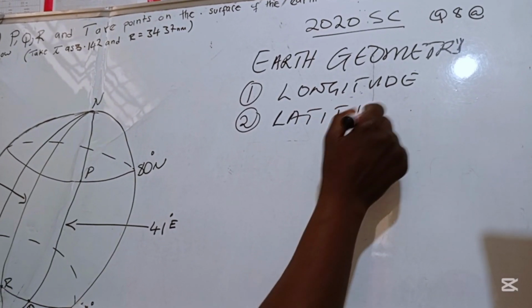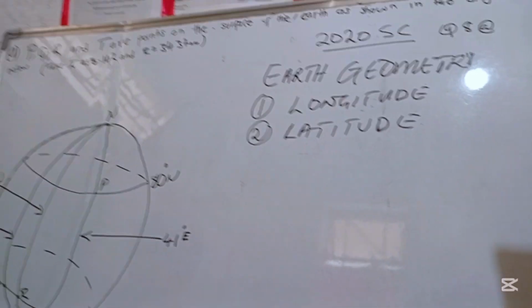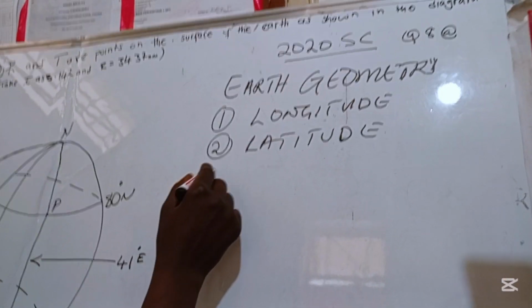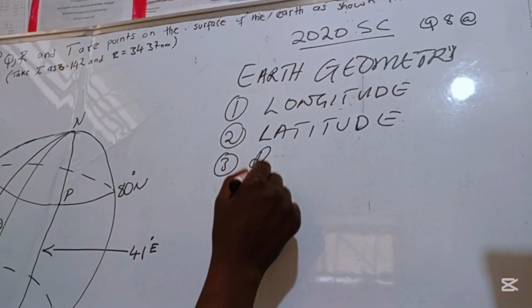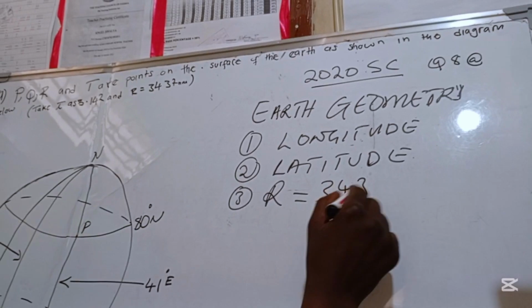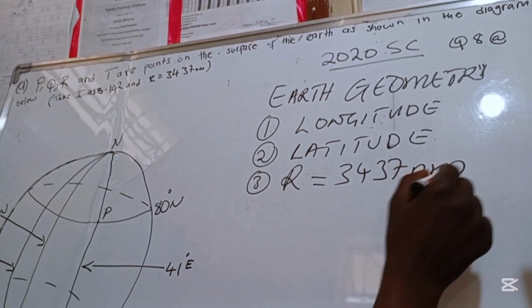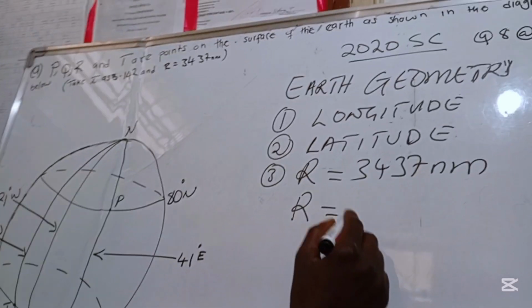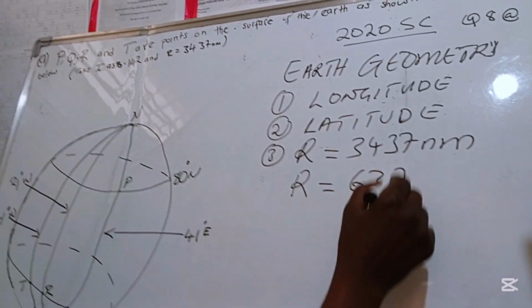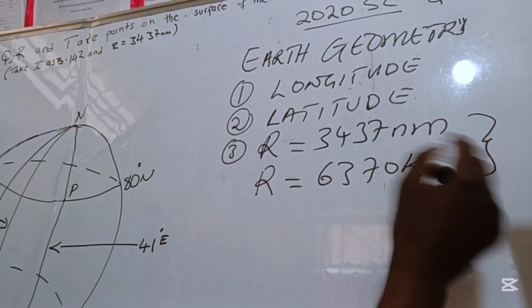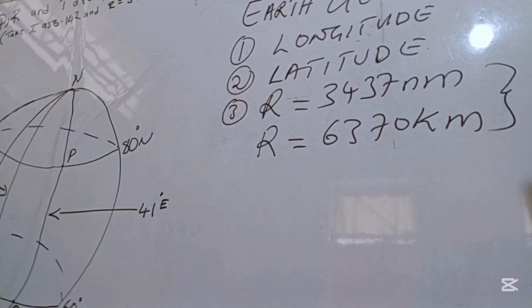Once you establish this, then it is fine with you. Thereafter, you should understand that the radius can be in nautical miles, which is 3437 nautical miles, and this radius can also be in kilometers, which is 6370 kilometers. Please, this information is very, very important for us to understand.